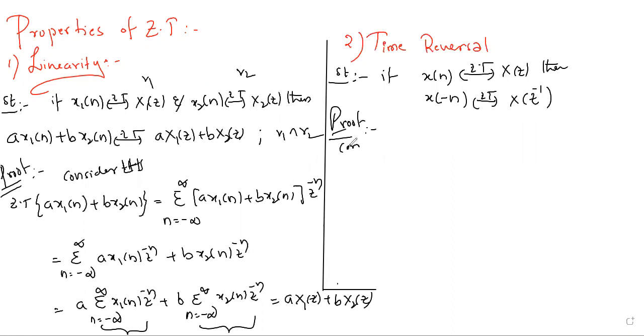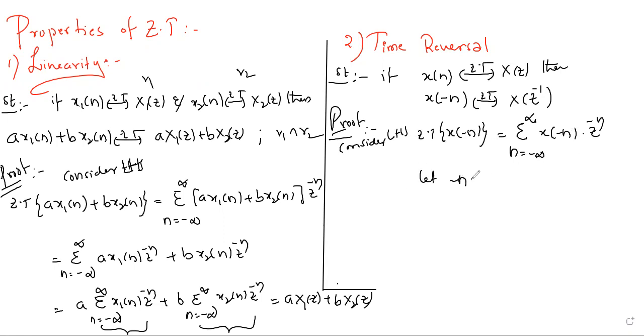Consider the left hand side here also, that is the Z transform of x of minus n. What we have is summation n equal to minus infinity to plus infinity of x of minus n into z power minus n. Let minus n equal to m, that means m equals minus n. So x of minus n is x of m.